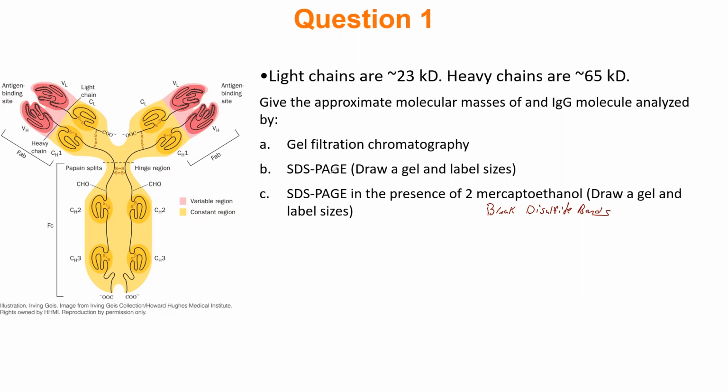What would an SDS-PAGE look like? And what would an SDS-PAGE with 2-mercaptoethanol look like? I'm going to give people a few minutes to work on that. If you have questions about this, let me know. Otherwise, I will be back in just a few minutes to go over the answers. But please do try to do these on your own first.